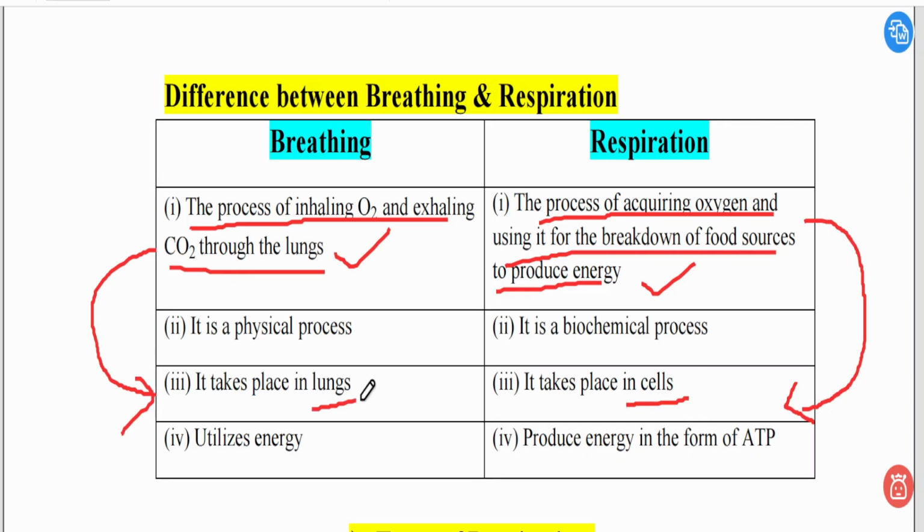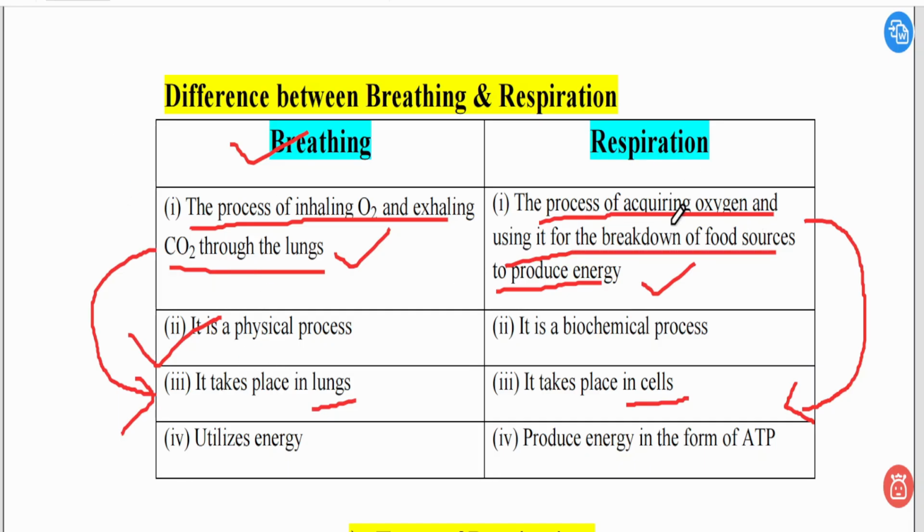When we take in oxygen and take out carbon dioxide, it is a physical process, because the nose as well as the lungs are involved.